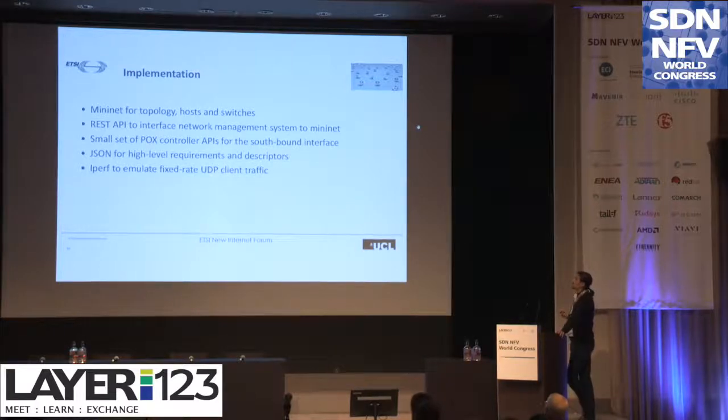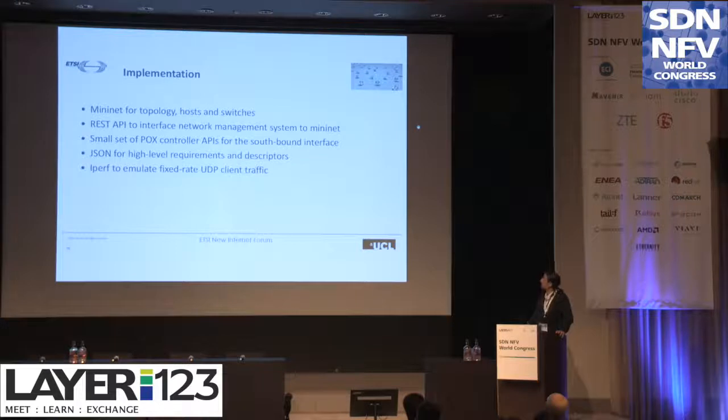We have a RESTful API to interface the network management system with Mininet, so that we can send the commands we need. For the southbound interface, we've used a small set of POX controller APIs. Both the high-level requirements and the descriptors are specified in JSON, and we used iPerf to emulate fixed-rate UDP client traffic.